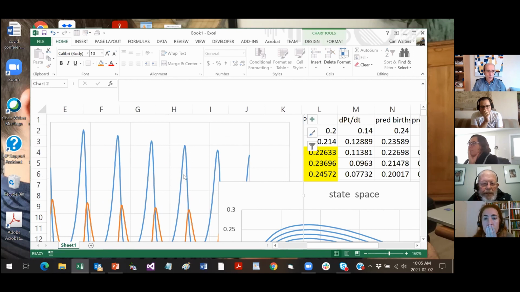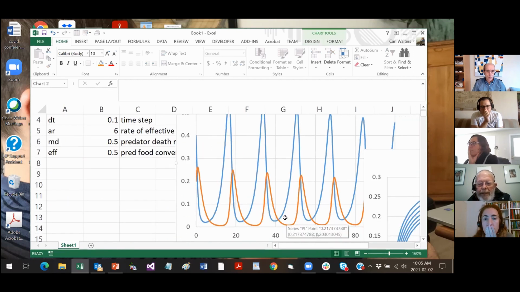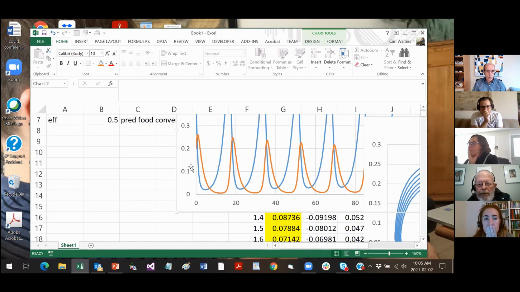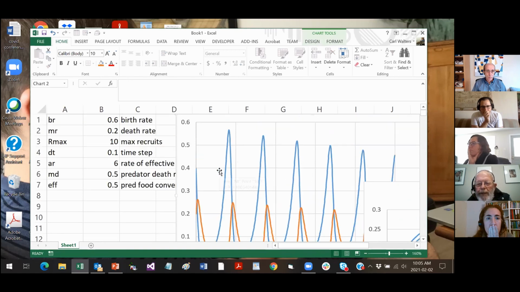what you'll see is that I should be able to get this to where it exhibits no cycles at all. I need to go a little lower, 0.1 for the predators and maybe 0.2 for the prey, to get this to flatten out.